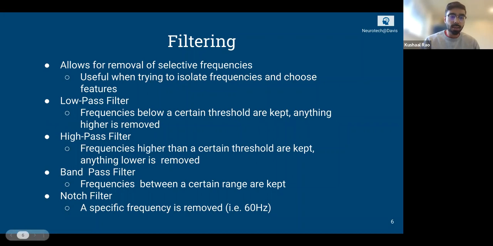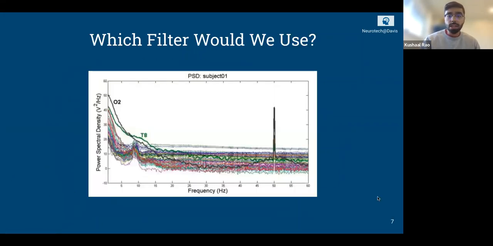So let's look at some examples. Here's the PSD plot of a particular subject. You can see each line reflects an electrode, so you have a lot of colorful lines in this, each of which you can basically think of as one particular electrode.